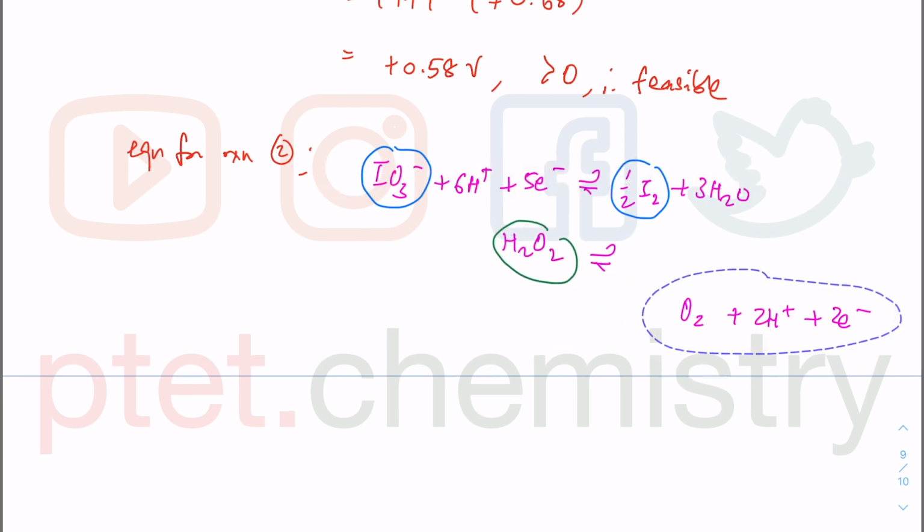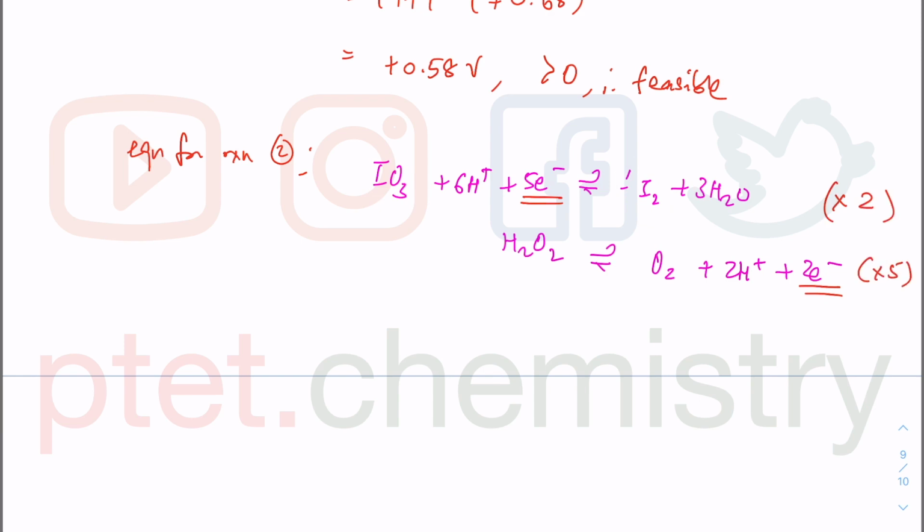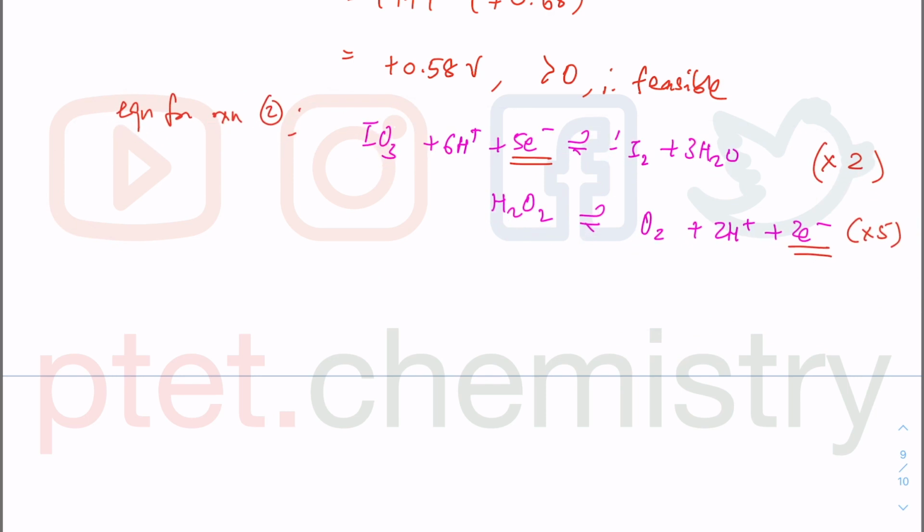So that going to that, and hopefully then you can see that this one has 5 electrons, this one has 2 electrons, so times 2 throughout, times 5 throughout. And what you do is you just add them up together. That doesn't look like they're all in one straight line. I'm trying to make it look straight.